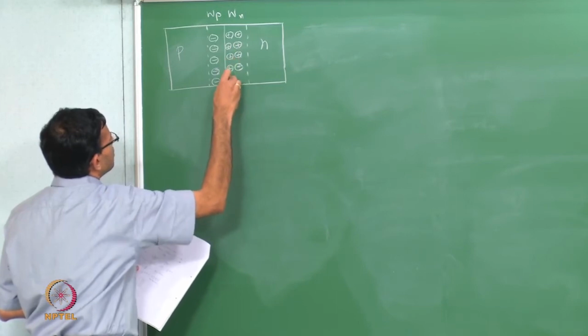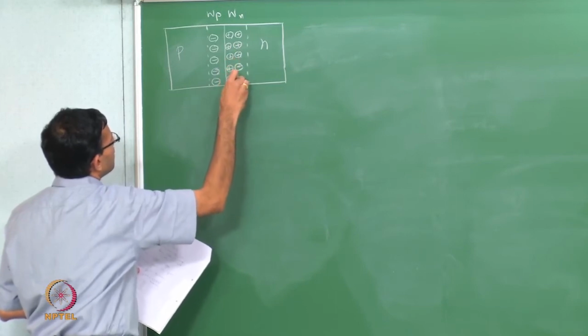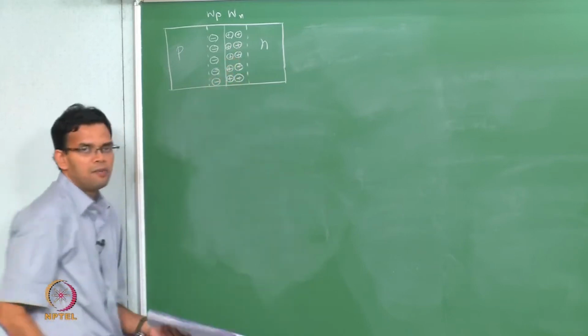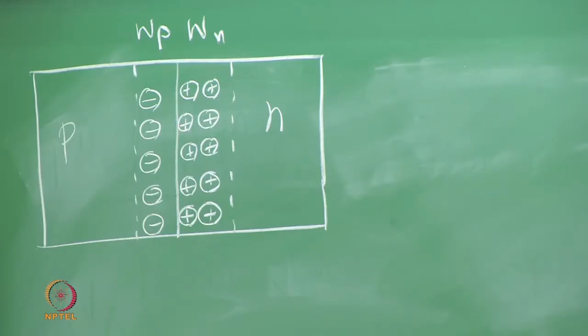I am putting two positive charges to indicate that we have a wider depletion region on the n side.